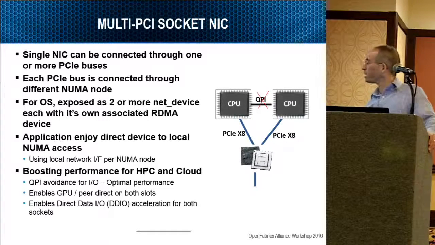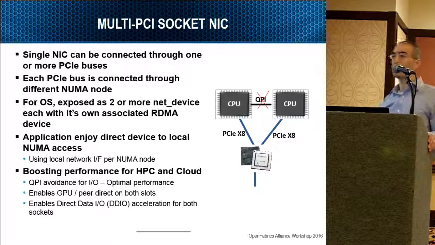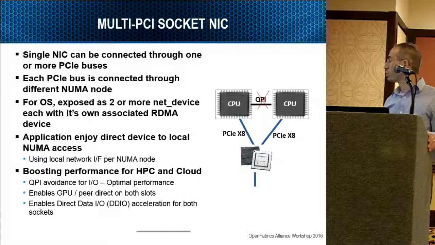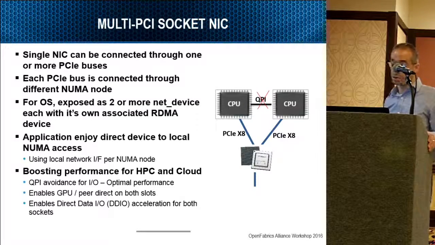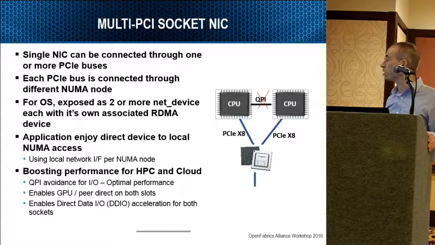Also, a nice use case is to enable GPU-based peer-to-peer applications or solutions to work from both PCI slots. So you can do peer-to-peer over this one and over this one. And another nice advantage here is that you can enjoy the DDIO technology from both NUMA nodes.